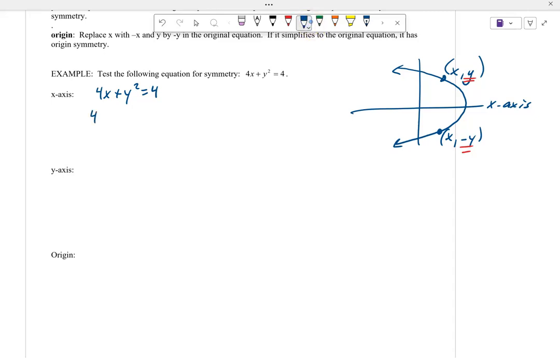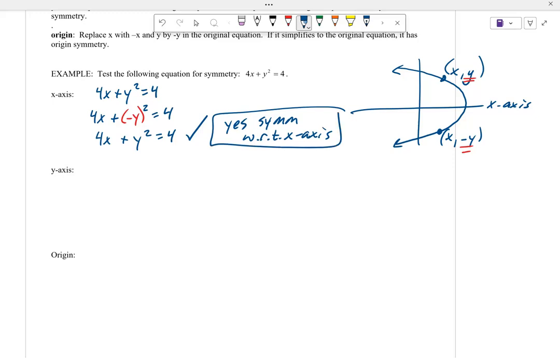Well, negative y times negative y is just a positive y squared. Is that what we started with originally? Hopefully you're shaking your head. Yeah, that's what we started with. So yes, check. So yes, symmetric with respect to the x-axis.